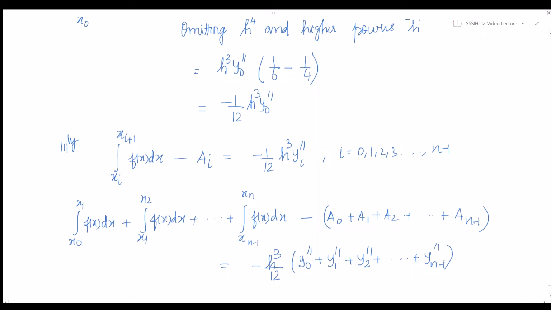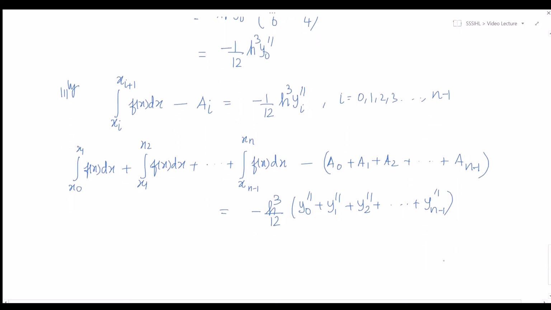Suppose M is the maximum value. So let M be the maximum of y naught double dash, y1 double dash, y2 double dash and so on up to y n minus 1 double dash, and replace each of these values by capital M. Then we have n into h cube.